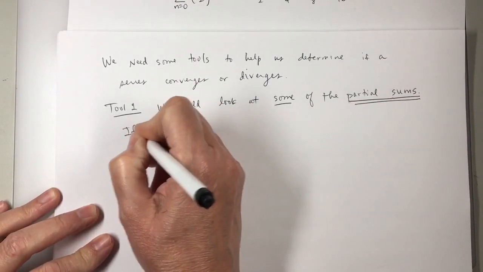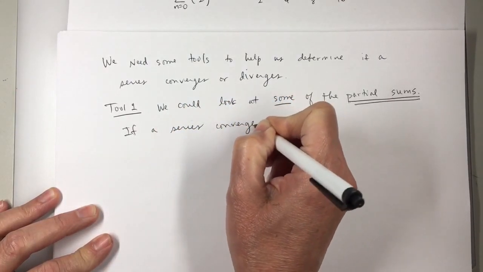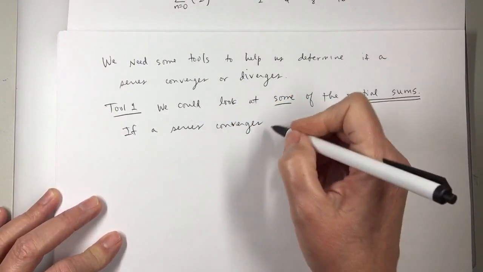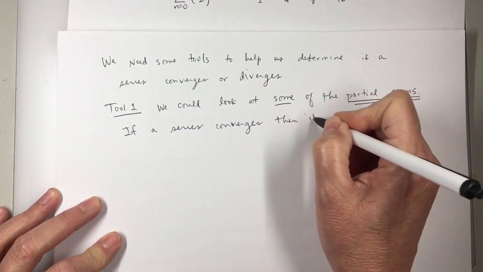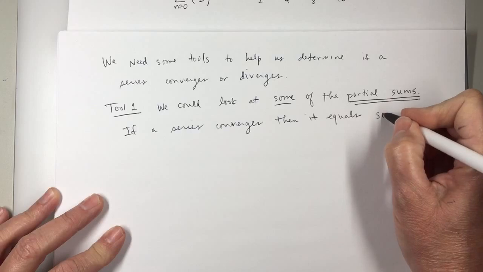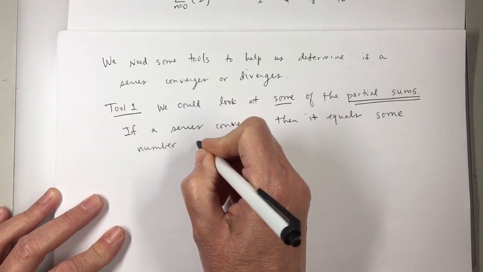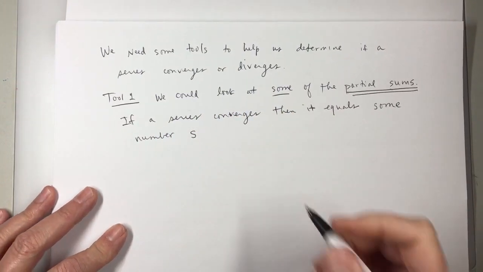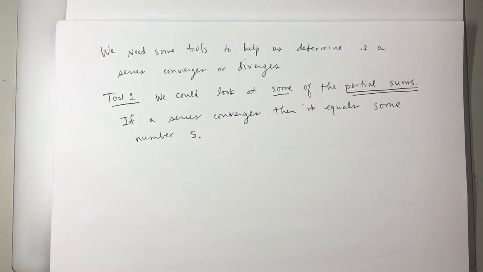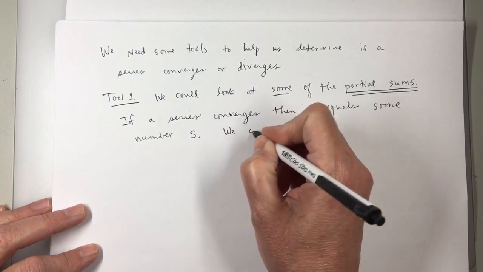And I'll say this: if a series converges, then it equals some number, we'll just call it S. If a series does not converge, then it does not equal some number S. But if it converges, we can write this.